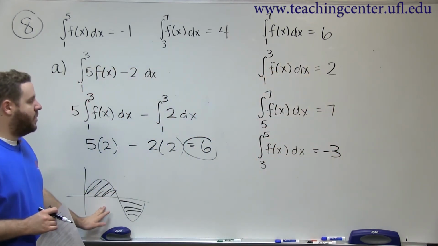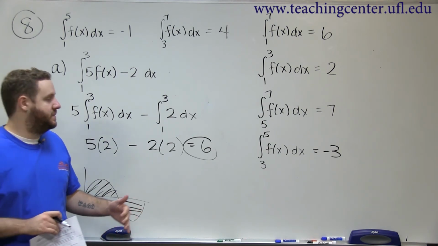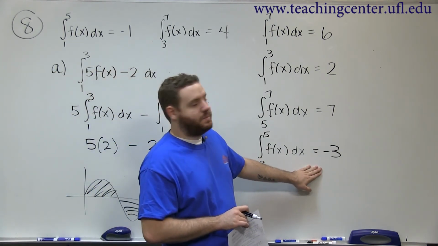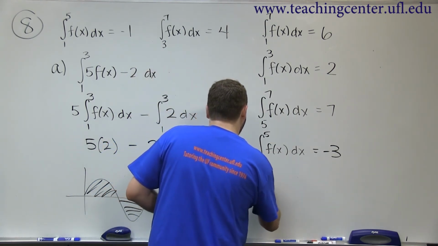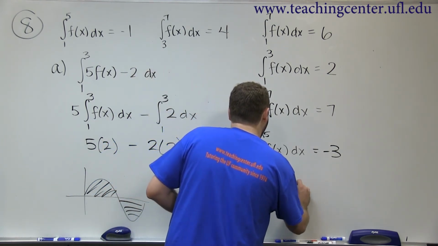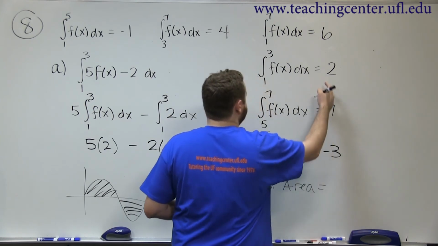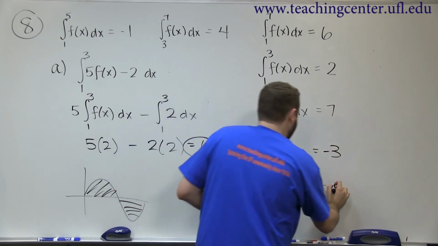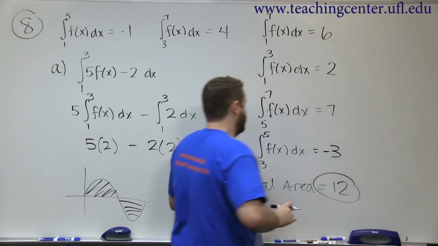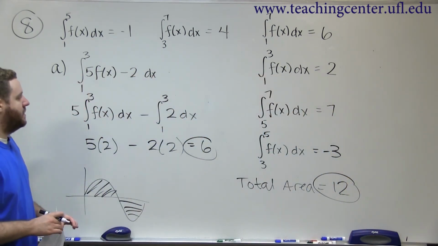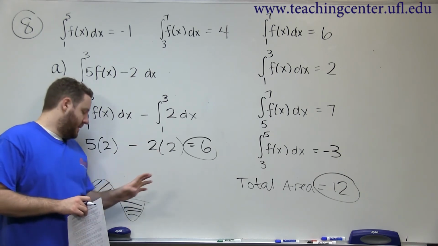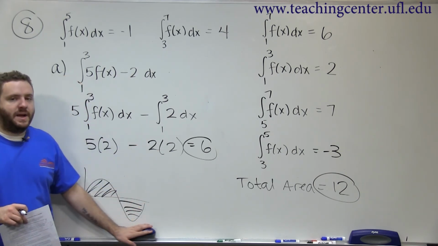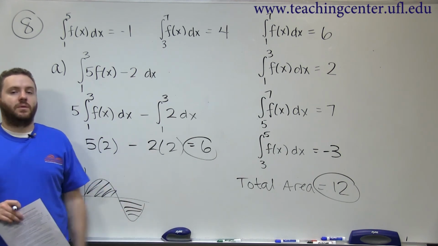But if we want total area, we want to consider it positive. So basically, we are just going to make this positive. And if we make that positive and add them together, we get that our total area is 2 plus 7 plus 3, which is 12. So remember that the definite integral always gives you a net area. For total area, you're going to have to consider the net parts that are under the axis separately from the parts that are above the axis.